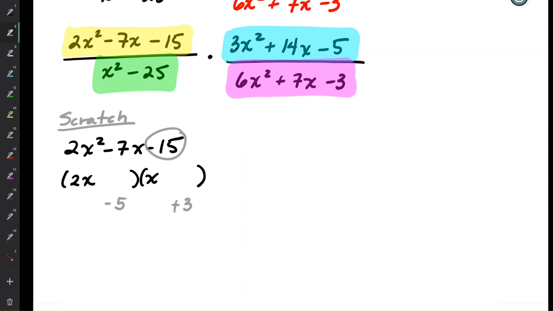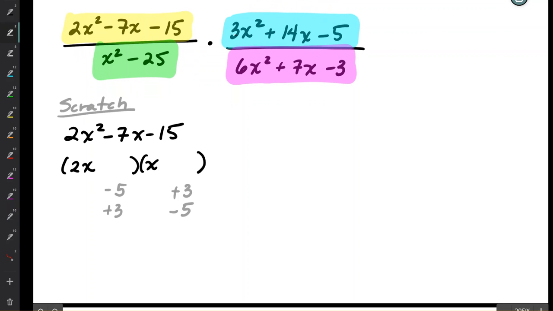And then we'd have to multiply out to see if that is the correct one. Order does matter here because 2x and x are different. So having a positive 3 over here and a negative 5 over there is a different option. We also could have the 5 be positive and the 3 negative, and order matters. So we've got those 4 choices. And then we've got 4 more choices when we work with 1 and 15, right? So there's a total of 8 things to try.